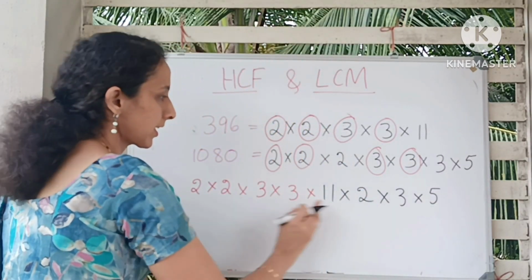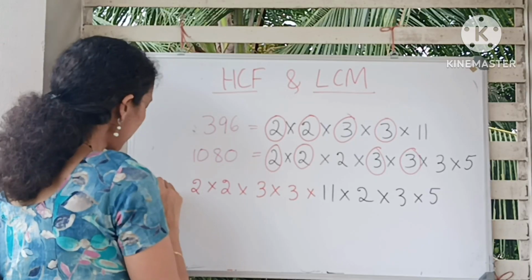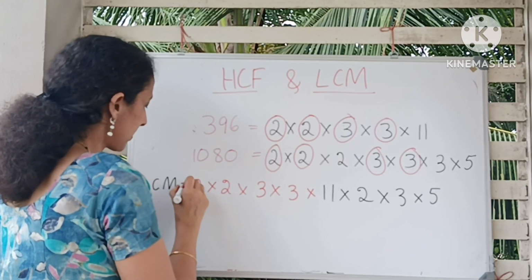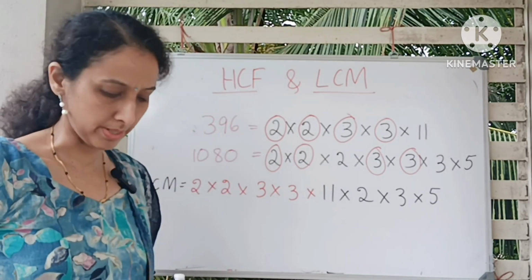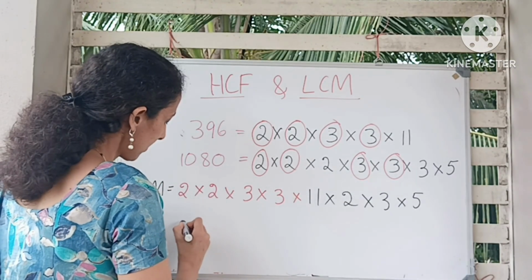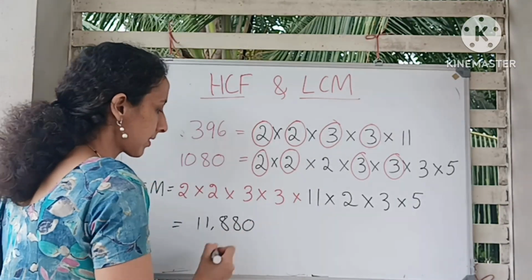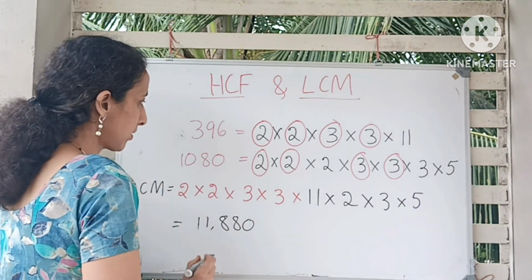If we take the whole thing, then we will get the least common multiple of these two numbers. When we multiply, we get 11,880, and this is the LCM of these two.